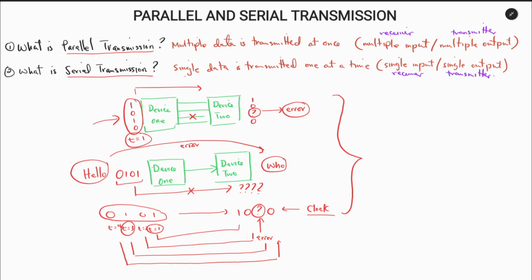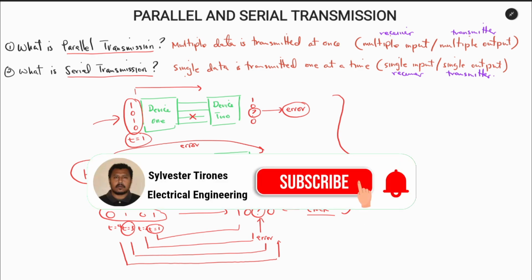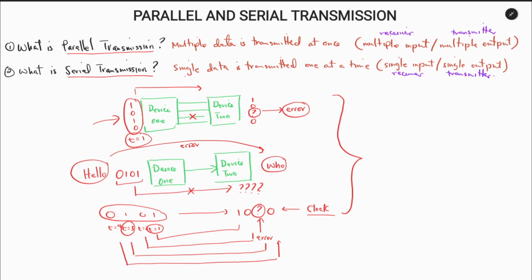For serial transmission, data is transmitted one at a time, while for parallel transmission, all data is available at once at the receiving end. So I believe you learned something about the modes of transmission using parallel and serial transmission.